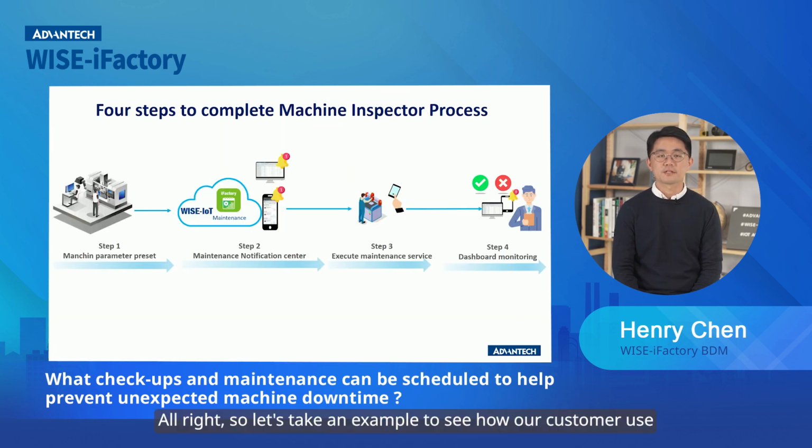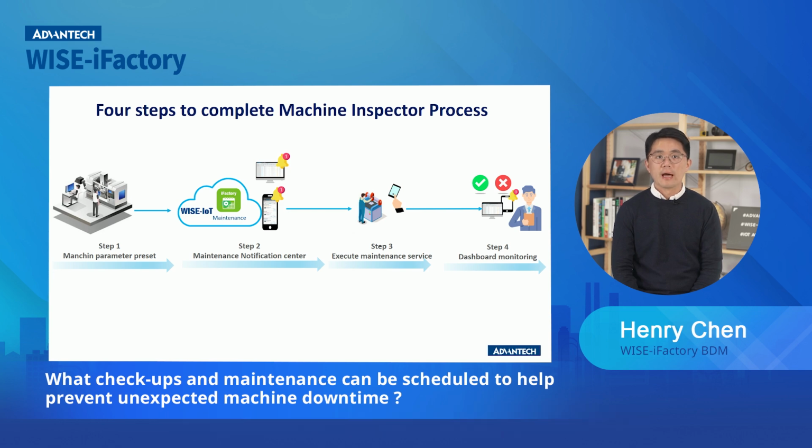Alright, so let's take an example to see how our customer uses the pre-diagnosis process by implementing 4 steps. First of all, our customer has 70 CNC machines on the shop floor. We first see which controller they have and connect the parameters in the setting.